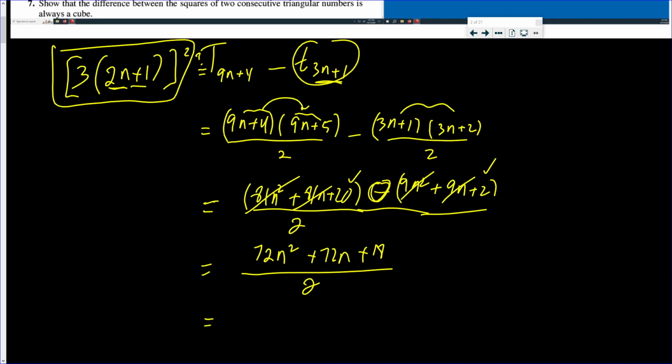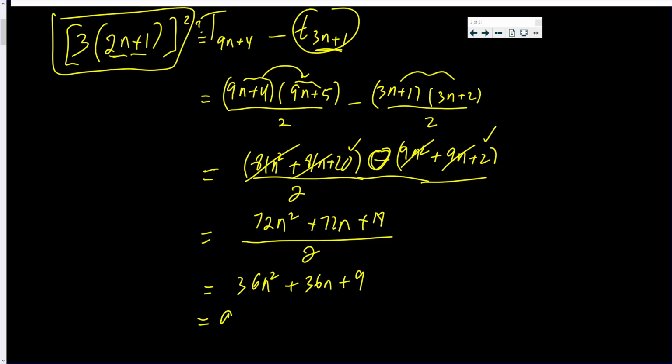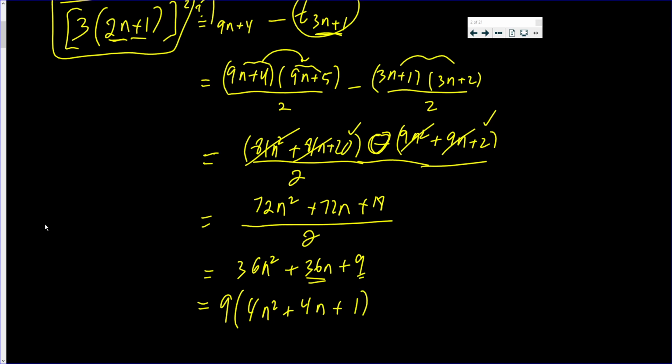If we do this division, we get 36n squared plus 36n plus 9. 18 over 2 is 9. Now, I factor out a 9. So it's 9 times 4n squared, 9 times 4 is 36, times n gives me that. And 9 times 1 gives me that.